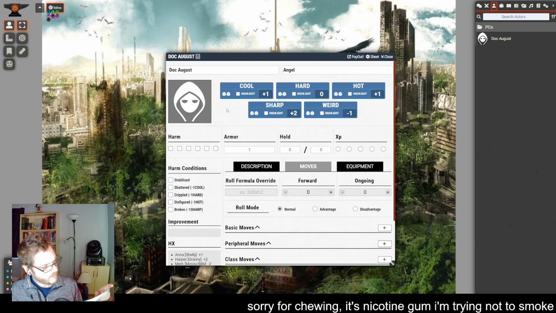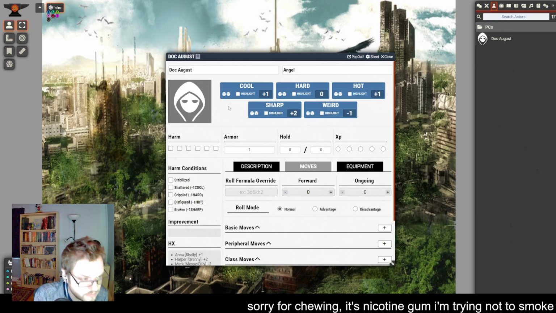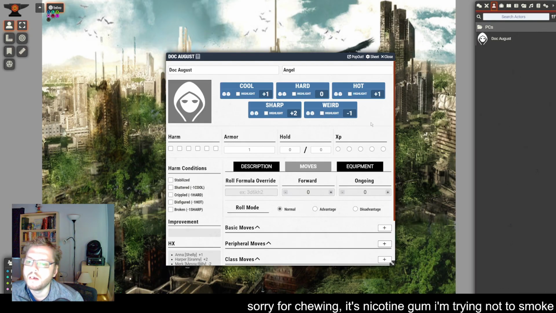One gets chosen by other people, and then one gets highlighted by me. Whenever you roll on one of your highlighted stats, you mark experience, regardless of whether you fail or succeed on the roll. Once you've filled in 5 points of experience, you get to pick one of your improvements from your sheet.